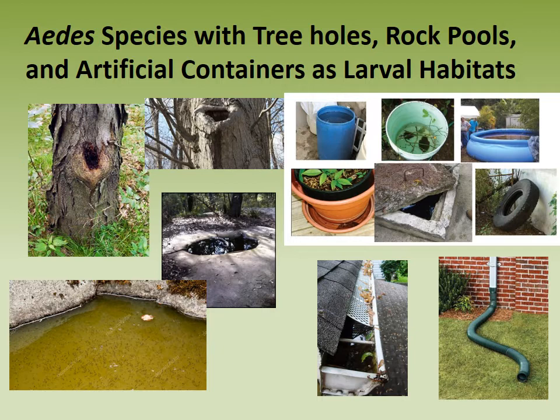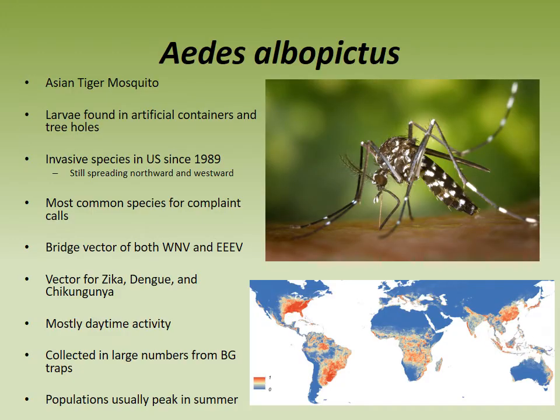Natural habitats can be tree holes or rock pools. The first species we'll talk about is Aedes albopictus, also known as the Asian tiger mosquito. As I said before, this species lays its eggs and its larvae form in artificial containers and tree holes.